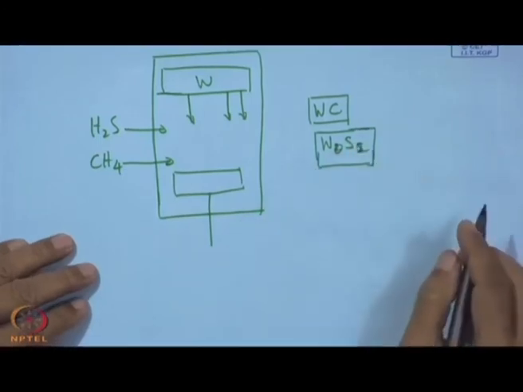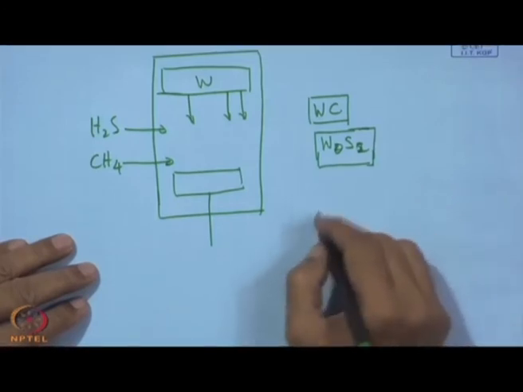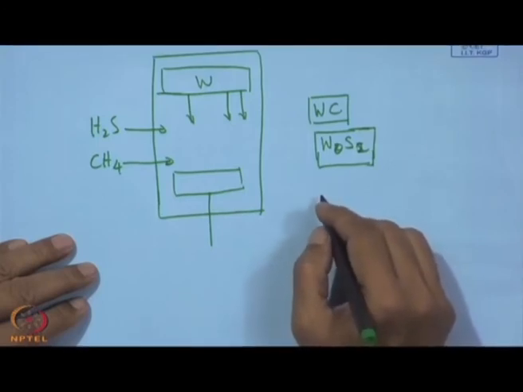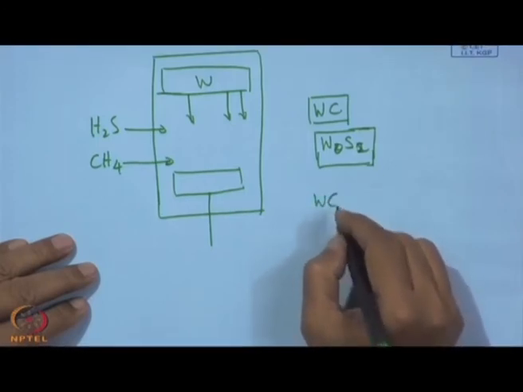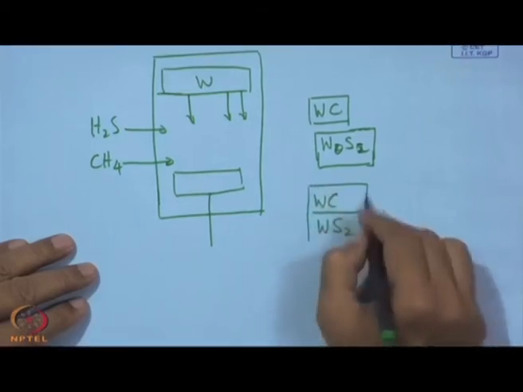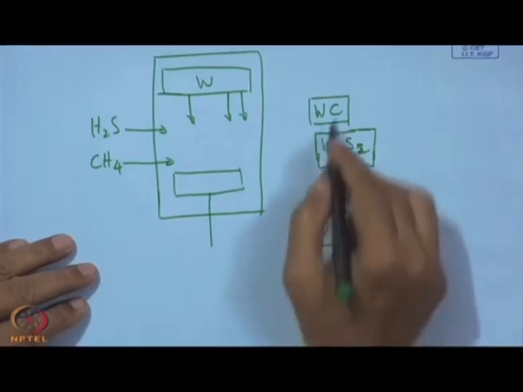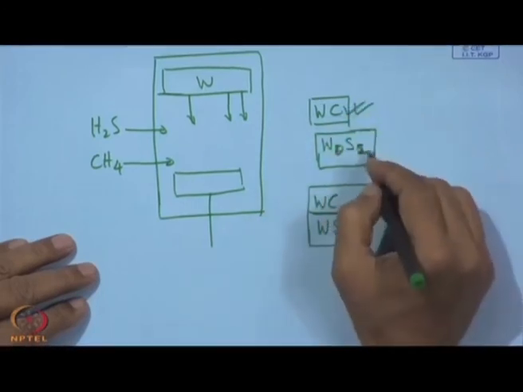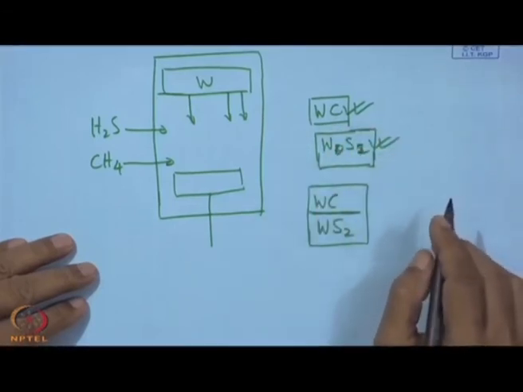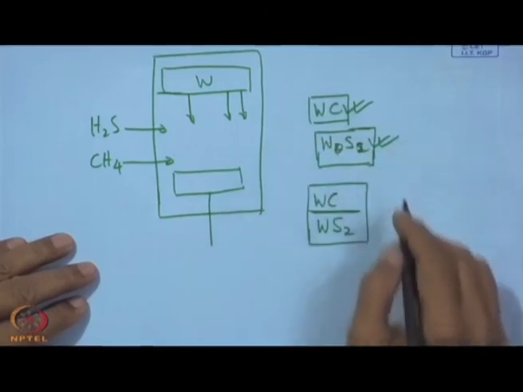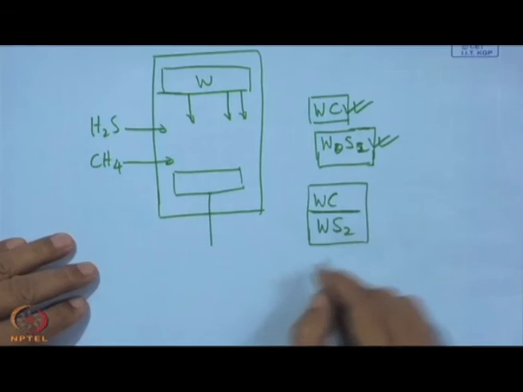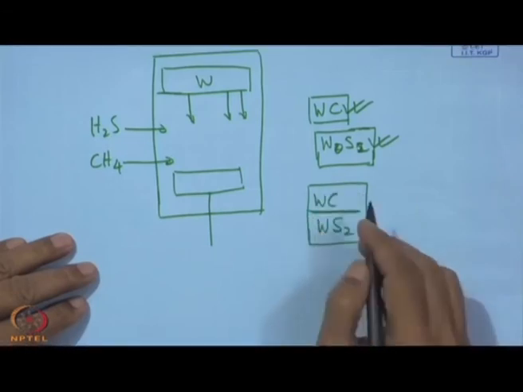So, it can be done this way: in a matrix of carbon we can have nanoparticles of tungsten carbide and tungsten disulfide, which can give the required hardness from tungsten carbide and the super lubricious property from tungsten disulfide, well distributed as fine particles in a matrix of carbon which is amorphous.